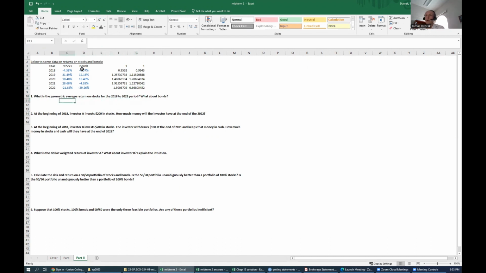So the geometric average for stocks would be our A cap T over A cap 0, which is 1. We're going to raise it to the nth root, which in this case T is 5 because we have 5 periods.